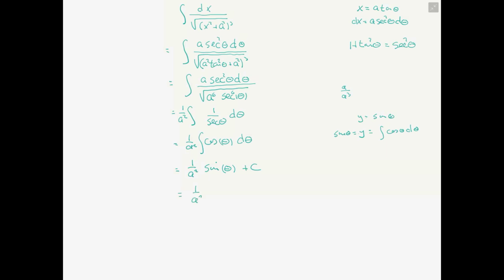So we have theta is x on a, x squared plus a squared, and so that is x on square root of x squared plus a squared plus c.